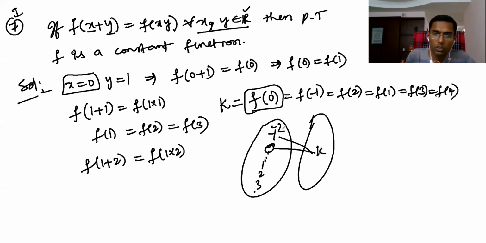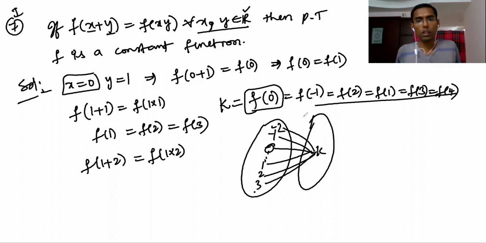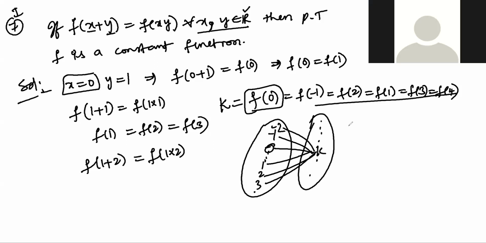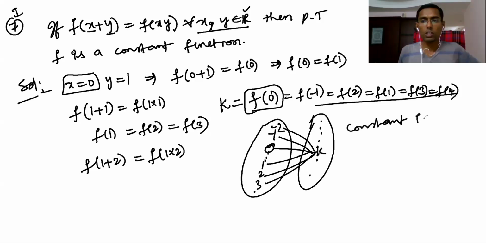Then f of minus 1 also k, minus 2 also k, 1 also k, 2 also k, 3 also k. You are seeing all will have same image. So any real number you take, you will get same image. Same image means what? Constant function.